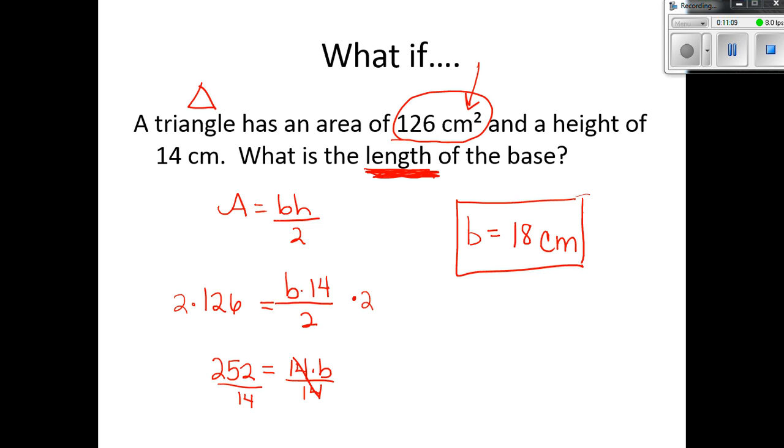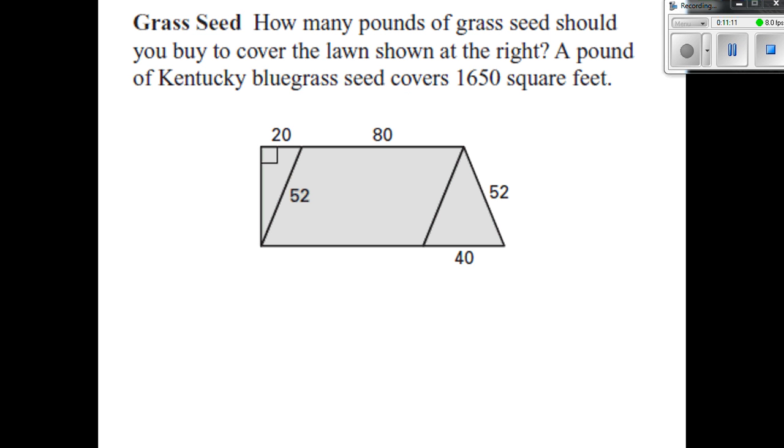All right. Here is another application. We are trying to find how many pounds of grass seed you should buy to cover a lawn. A pound of bluegrass seed covers 1,650 square feet. Now, area is one of the most widely applied ideas of geometry. It's really one of the most widely used ever.